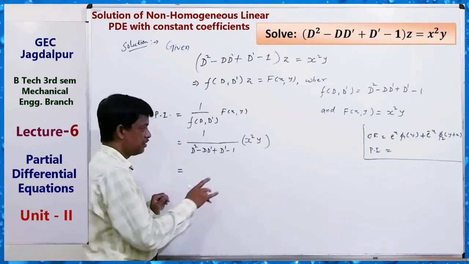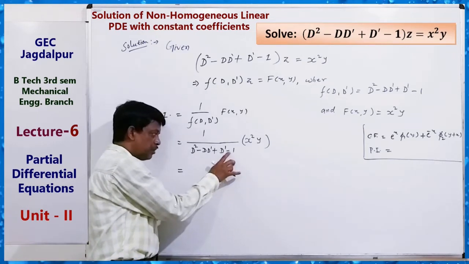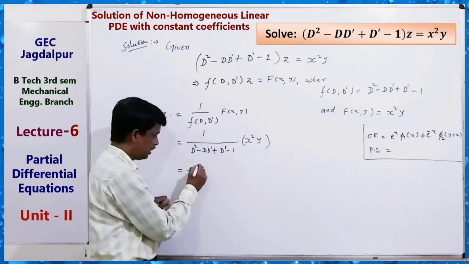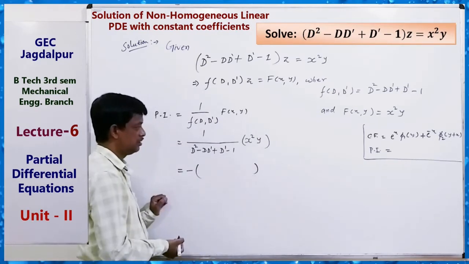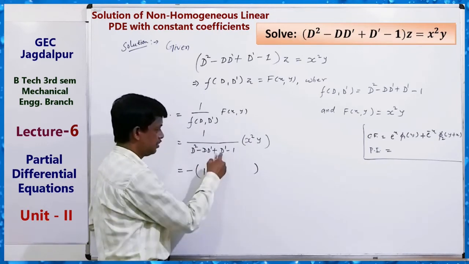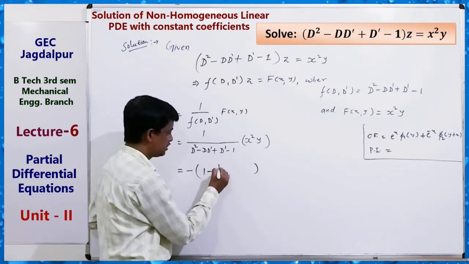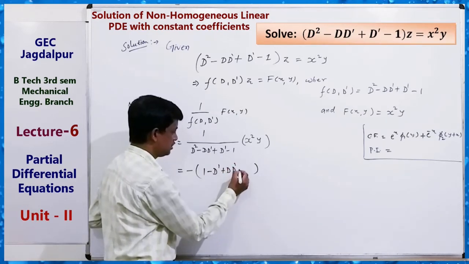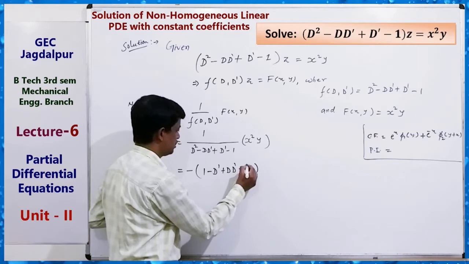So here take minus 1 common, and the lower part goes to the numerator. Taking minus 1 common, this is 1, this is minus d dash, this is plus dd dash, this is minus d square.